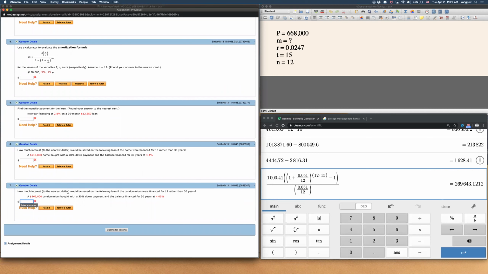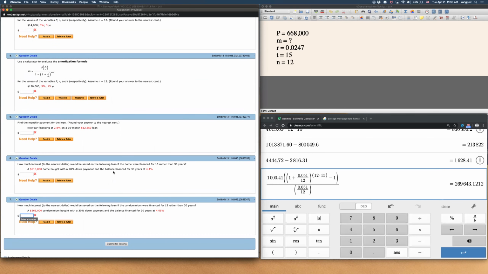So I'm on the homework online, on number 5. Find the monthly payment for the loan. Round to the nearest cent. This one is the equation for finding M. So P is 12,850.